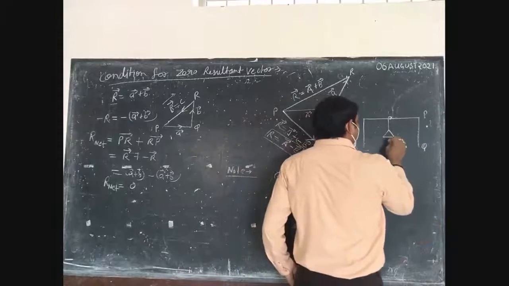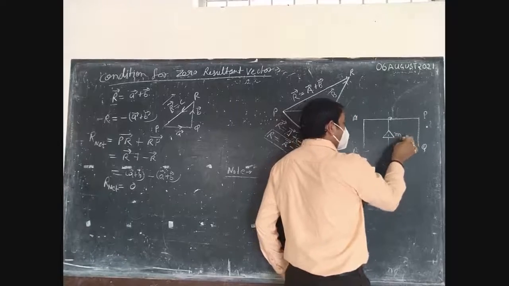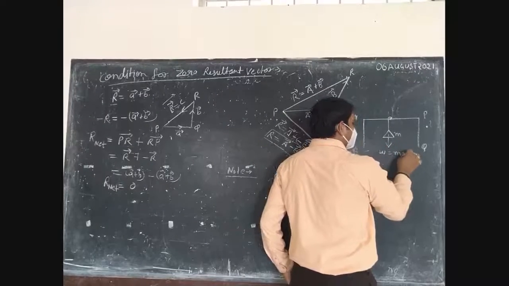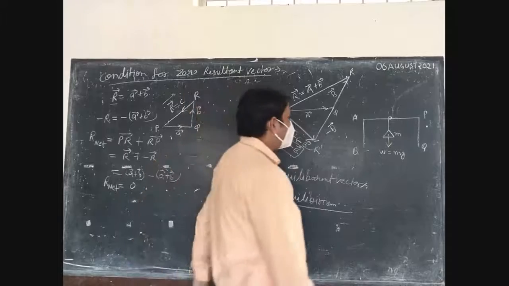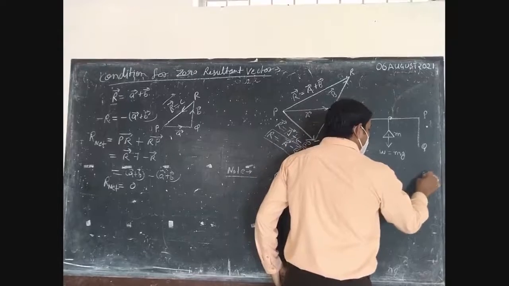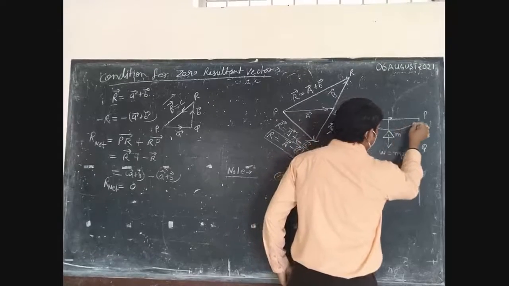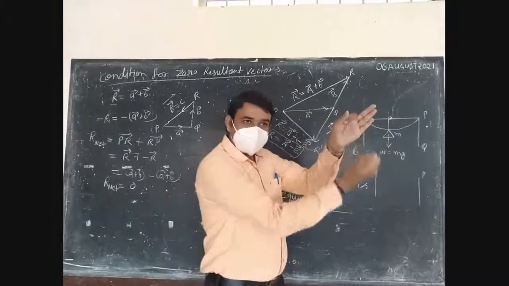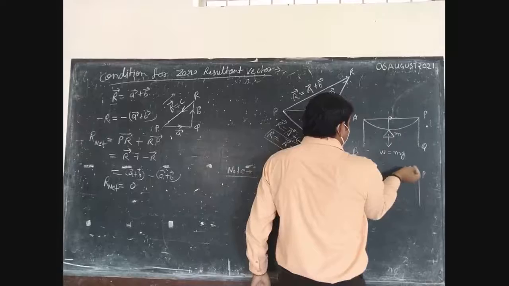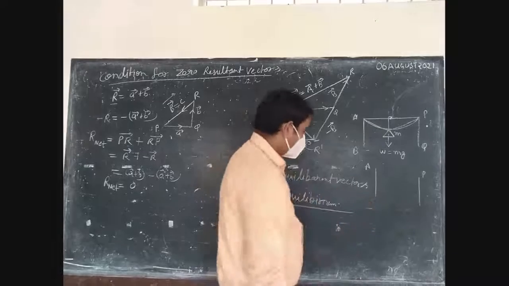Let's say the mass of this body is m, then its weight acts downward with value mg. After some time we observe that from points A and P, the rope will be stretched by the load and move like that. Now it is formed in such a way. I will show you again. See.